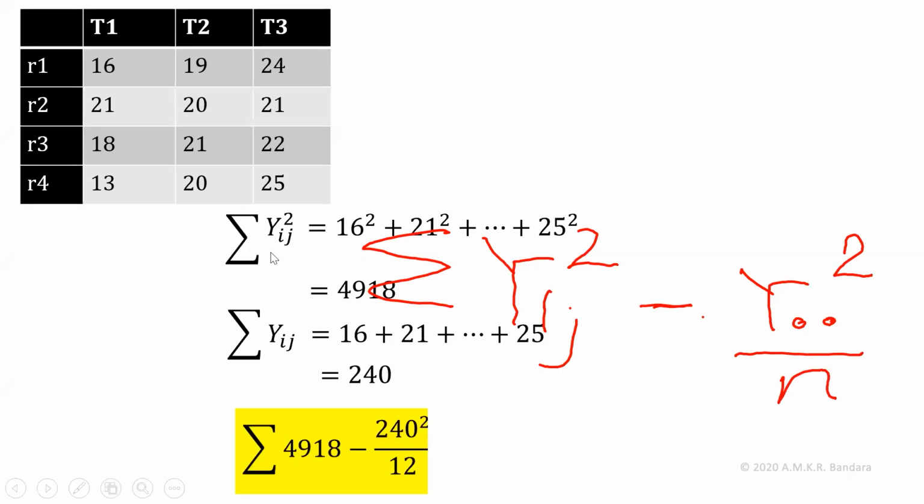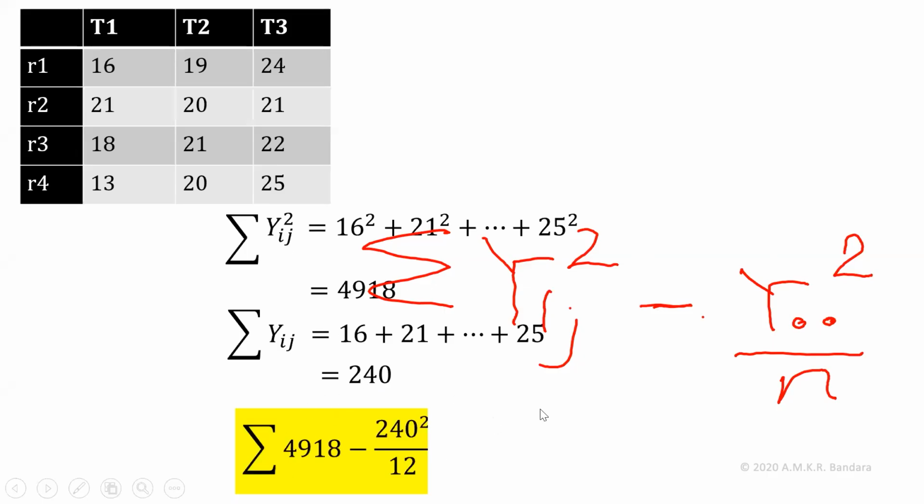This is the summation yij square, this part, that is 4980. Then y dot dot is 240. Then square it and divide by the number of observations, 12. Here there are 12 observations.